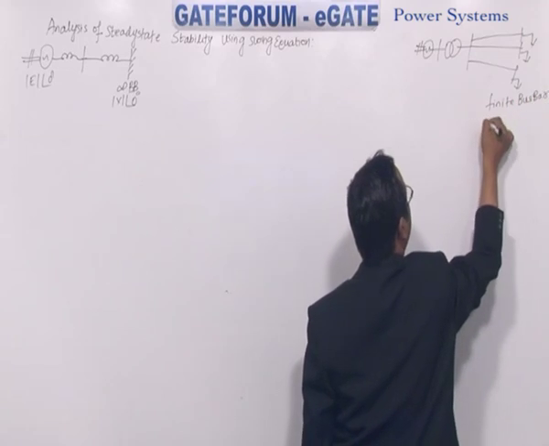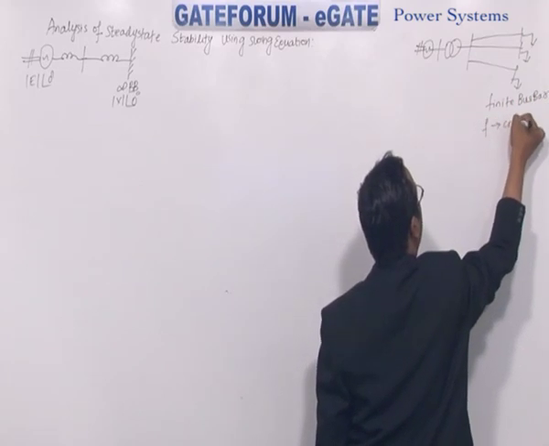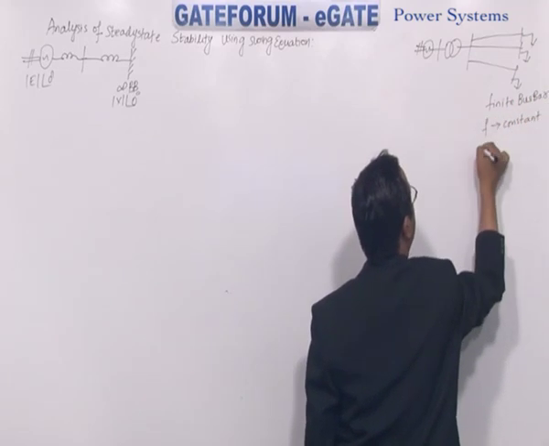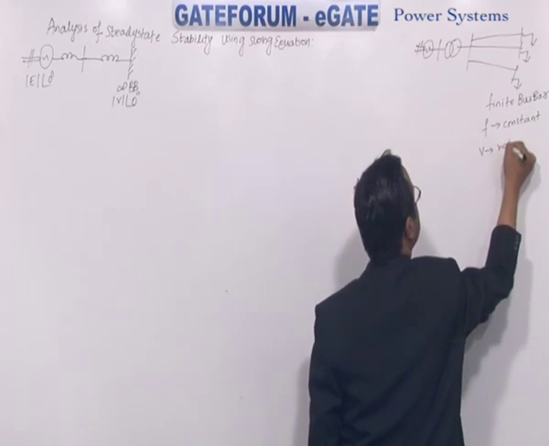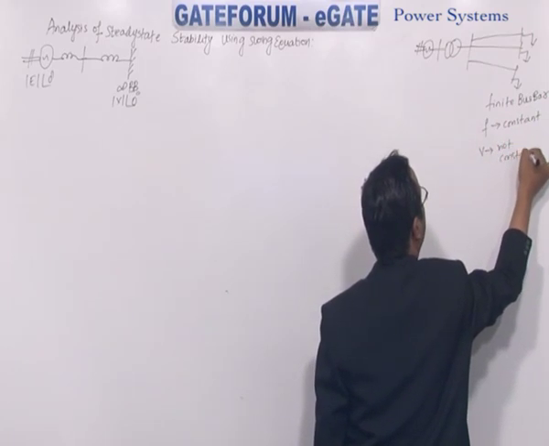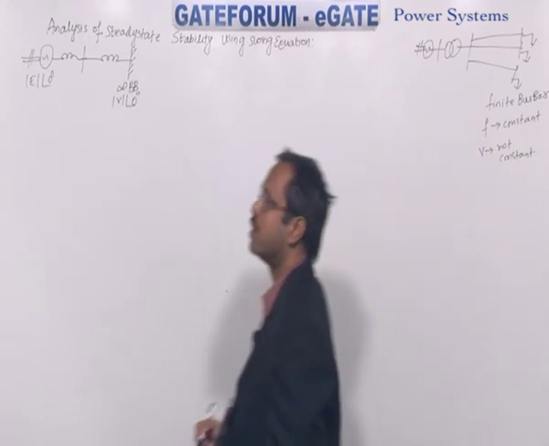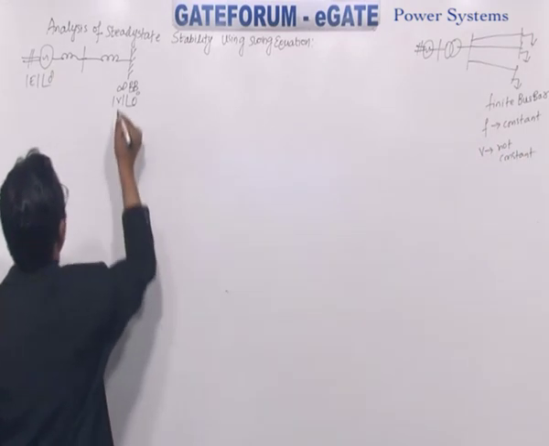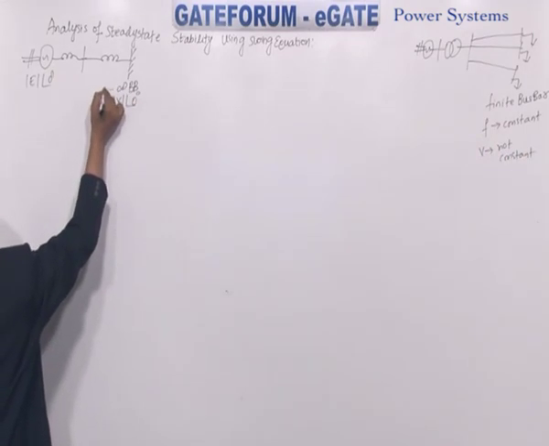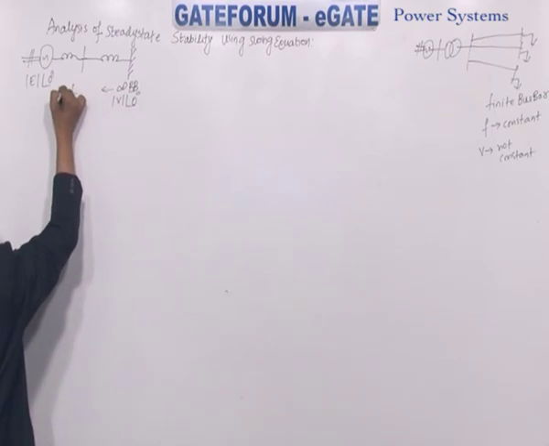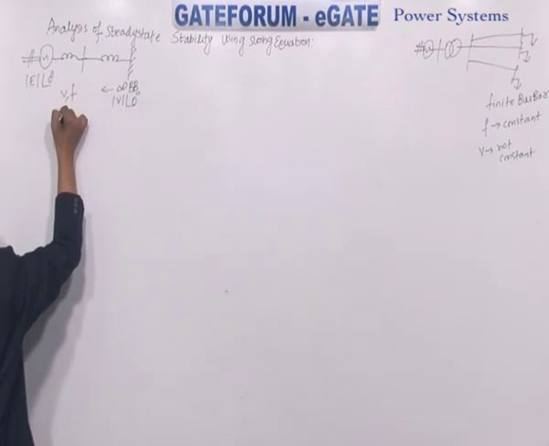In the case of a finite bus bar, only frequency is constant, whereas voltage is not constant. But in the case of an infinite bus bar, voltage and frequency are both constant.